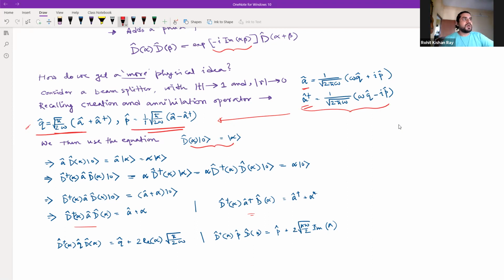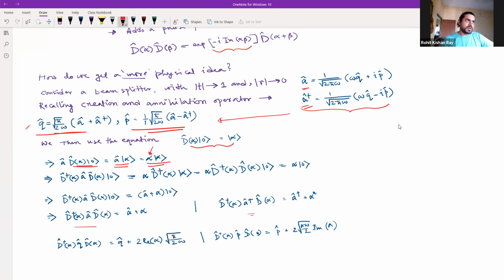We can operate with A from one side, and since this entire thing by definition is alpha, we get this kind of relation. But we also know that alpha, being a coherent state, is an eigenstate of the annihilation operator A. So that is where we get the alpha state back with eigenvalue alpha.